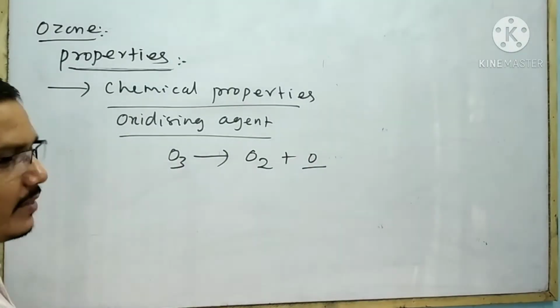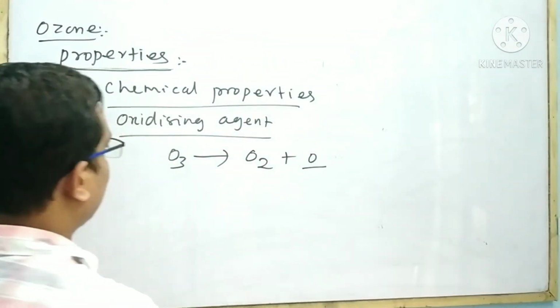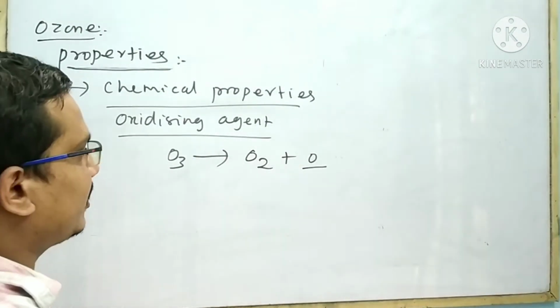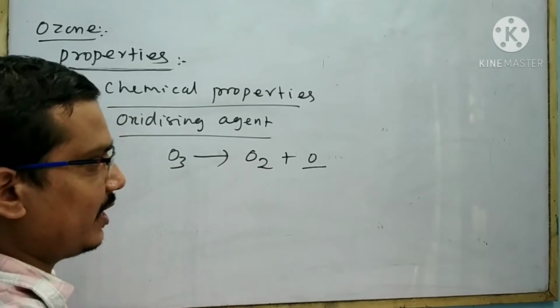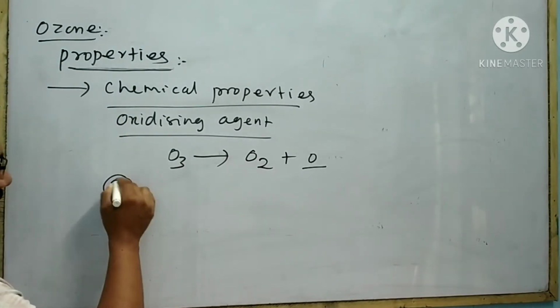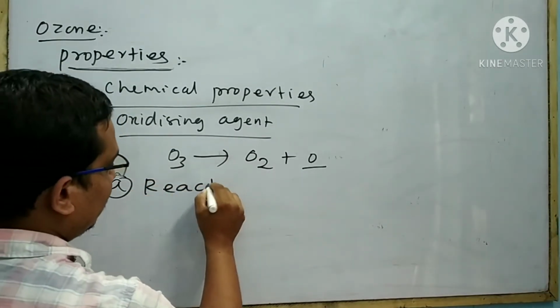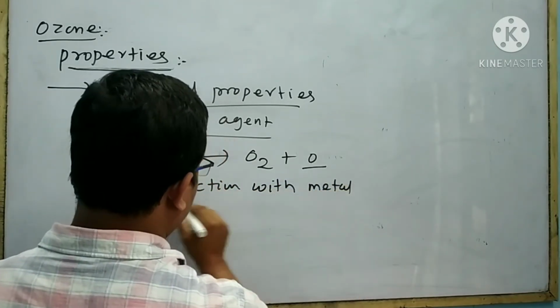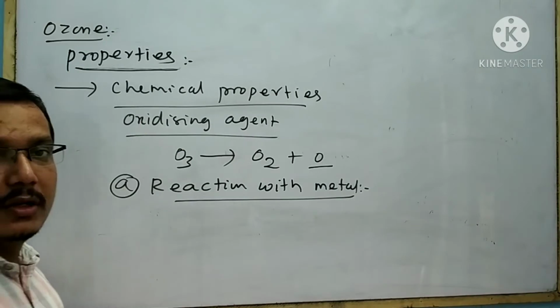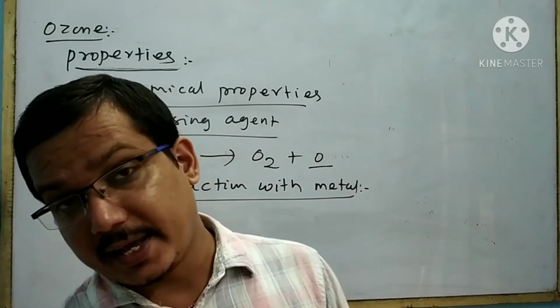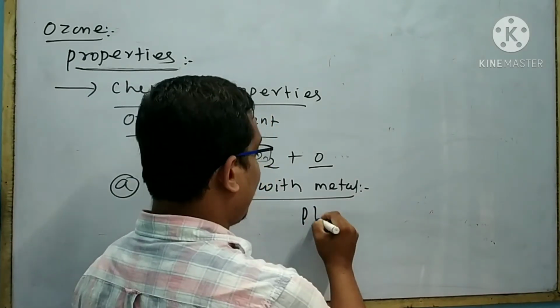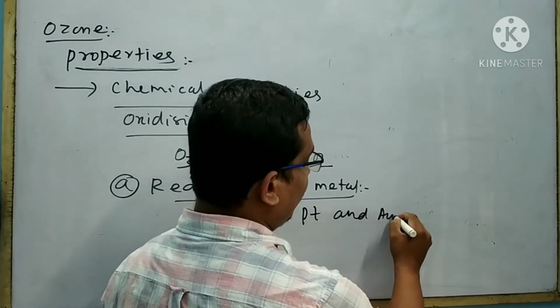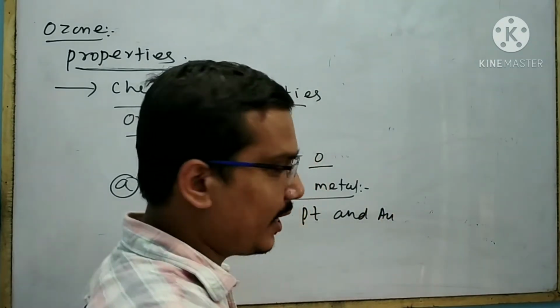Now I will discuss some reactions in which ozone acts as a good oxidizing agent. First reaction is reaction with the metal. Ozone reacts with the metals except platinum and gold to form corresponding oxides.